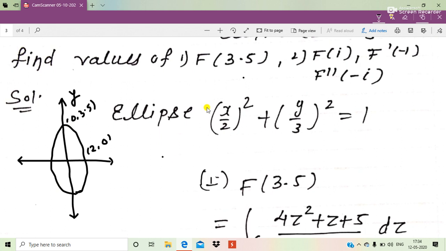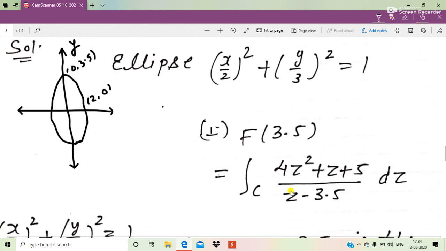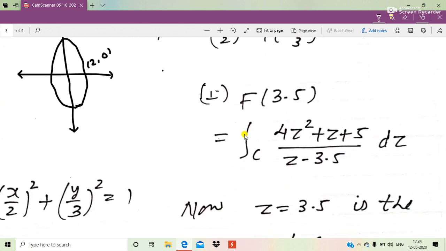Now the first value we have to evaluate is f of 3.5. So in place of zeta we put the value of 3.5 in the integral. So now our integral is the integral around the curve C, where C is the ellipse, and f of z is (4z square plus z plus 5) upon (z minus 3.5).